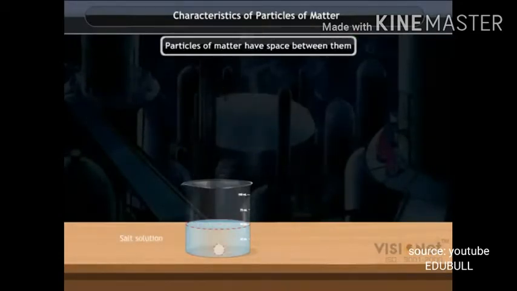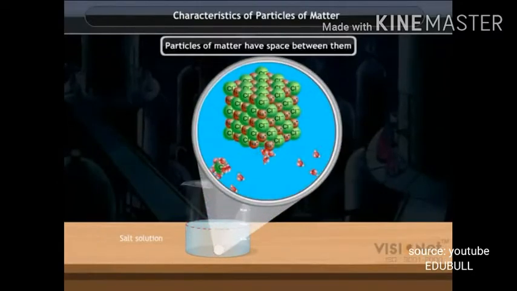It was observed that the particles of salt were evenly distributed in water. Also, the presence of salt particles did not change the level of water in the beaker. This could be possible only if the particles of salt were accommodated in between the water particles. Thus, this clearly demonstrates that space exists between water particles.